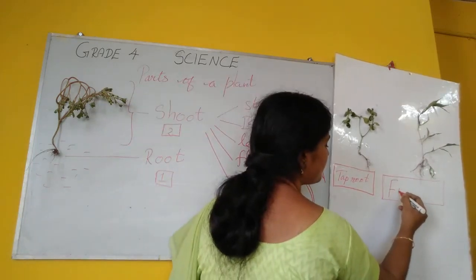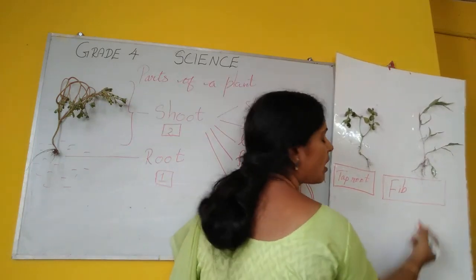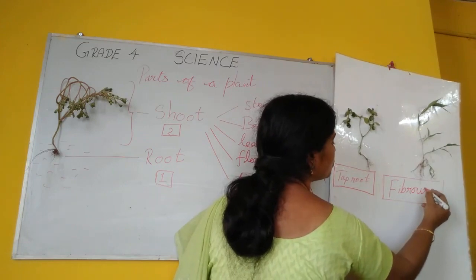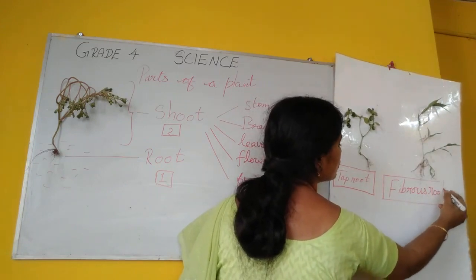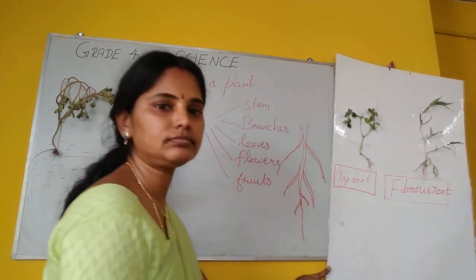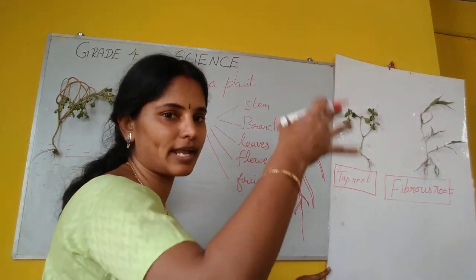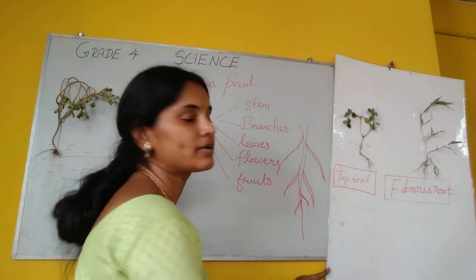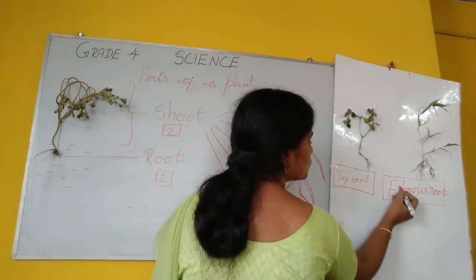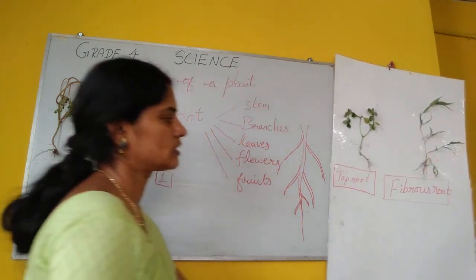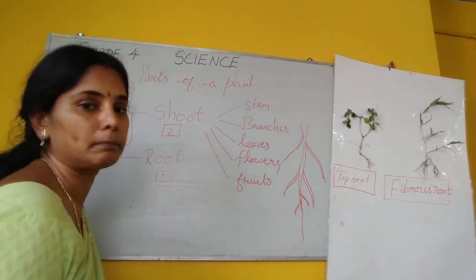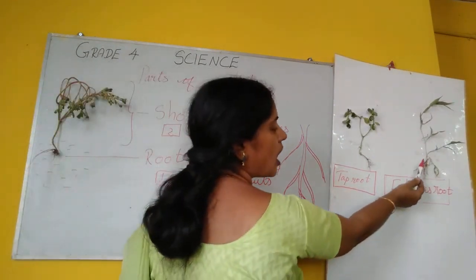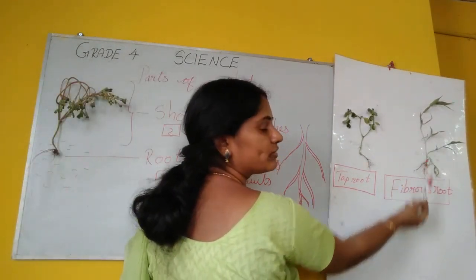Fibrous root. F-I-B-R-O-U-S. Fibrous, fiber-like, many branches of roots. So fibrous root and taproot.